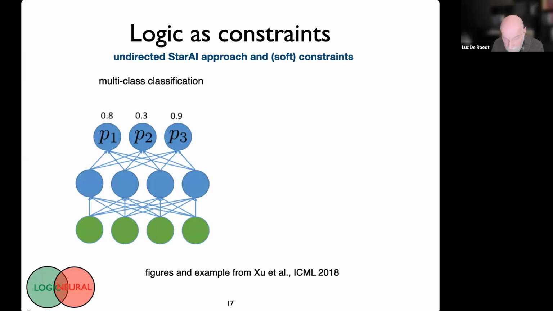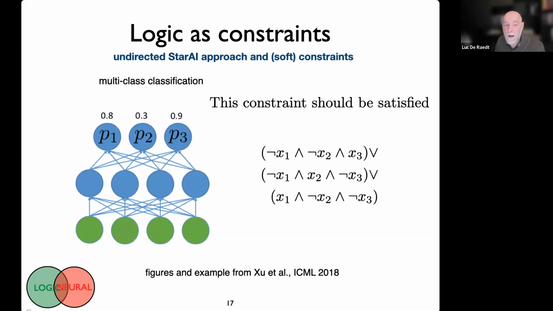And there are, of course, other applications of that. Well, one constraint that you could state is that at the output level, you want exactly one of the classes to fire, in a sense, to be the target, the real classification, and you can do that by specifying this kind of simple constraint that has exactly that purpose.